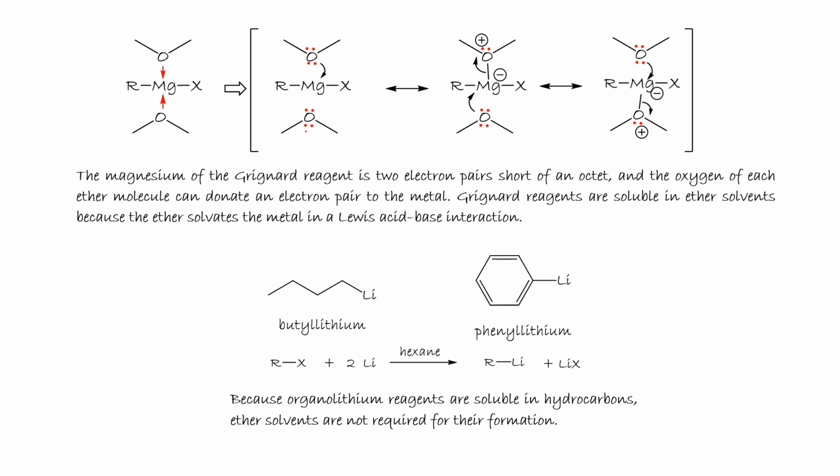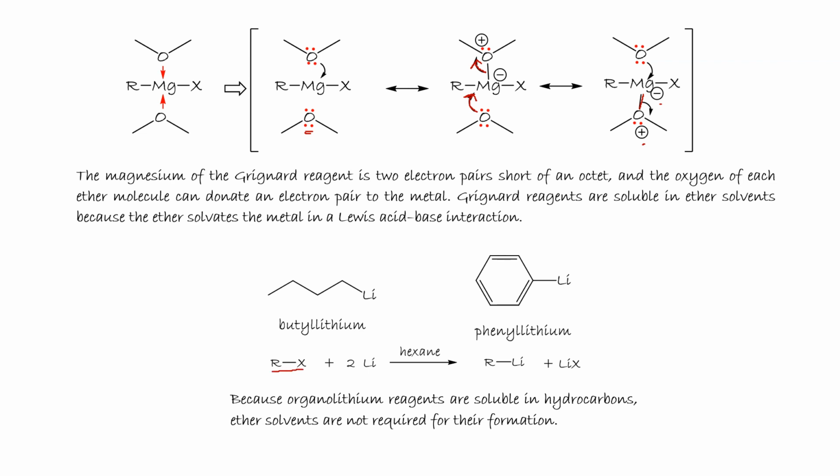The other oxygen molecule will donate two electrons and kick the first bond out, forming a bond. O will carry a positive charge and magnesium has a negative charge. That's a way to explain the solvation in ether.